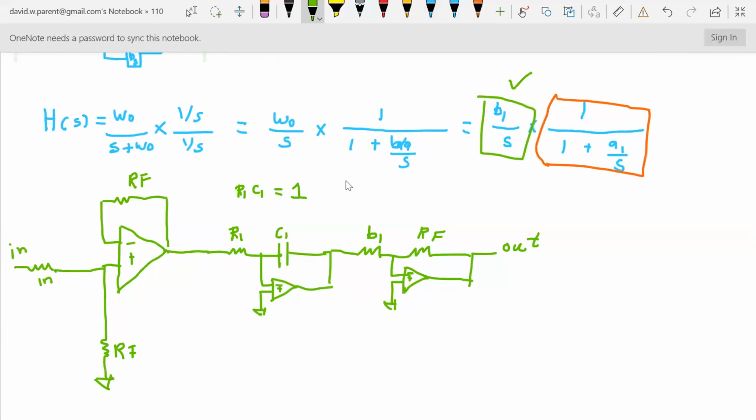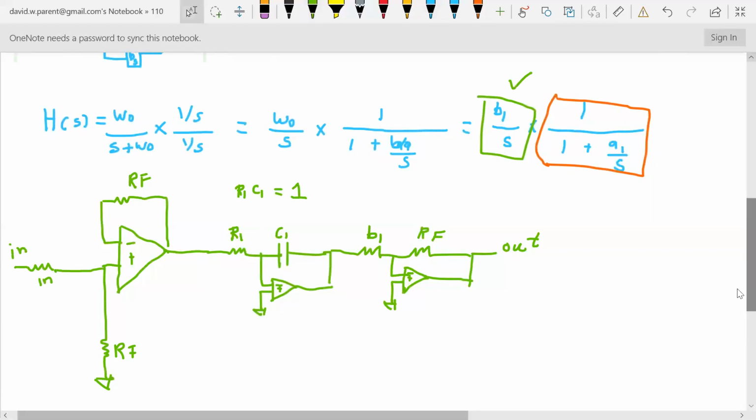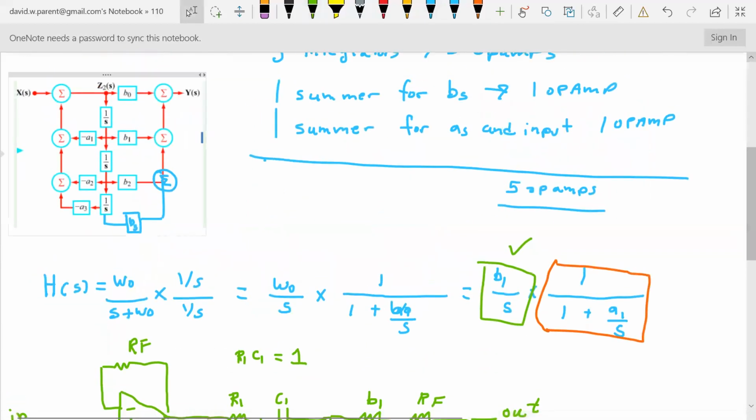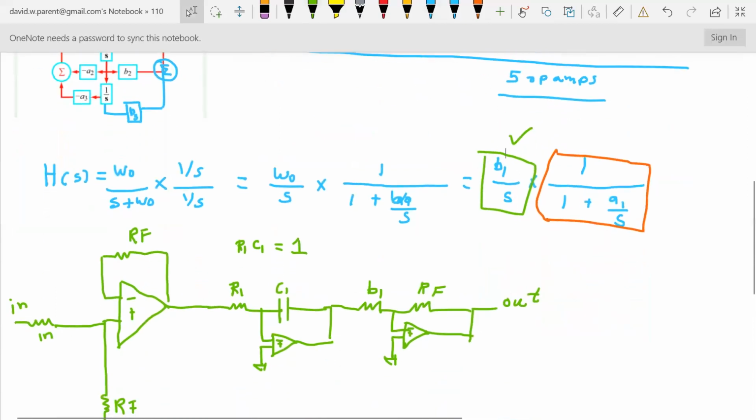And now we need to do the feedback part, and I'm just going to come back up here, right? We have the signal, it goes through a summer, non-inverting summer, through an inverting, unfortunately, integrator, times, in essence, what we did is minus B1, and then that just comes right out because there's nothing else to sum.